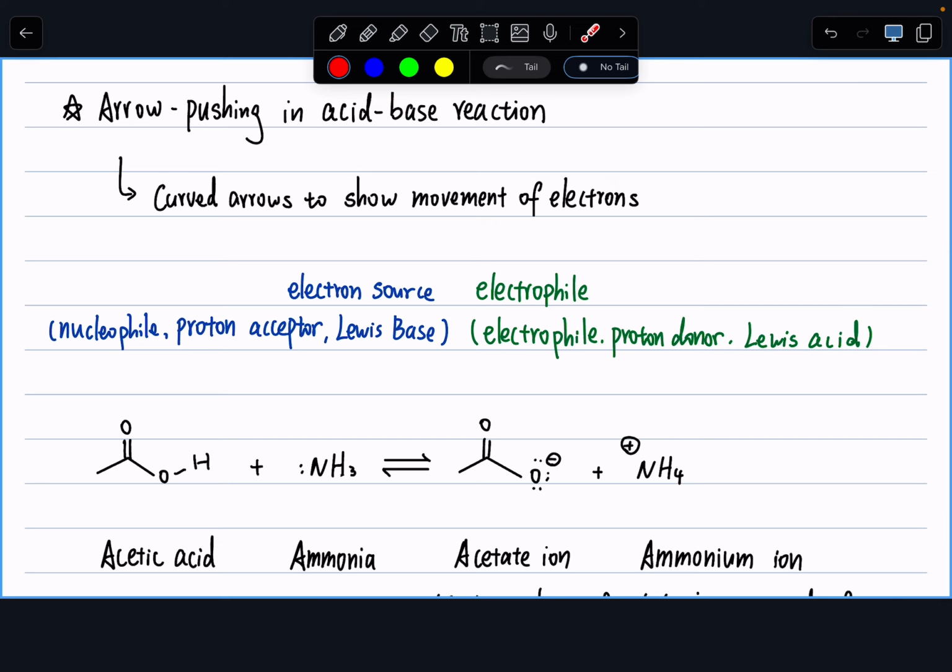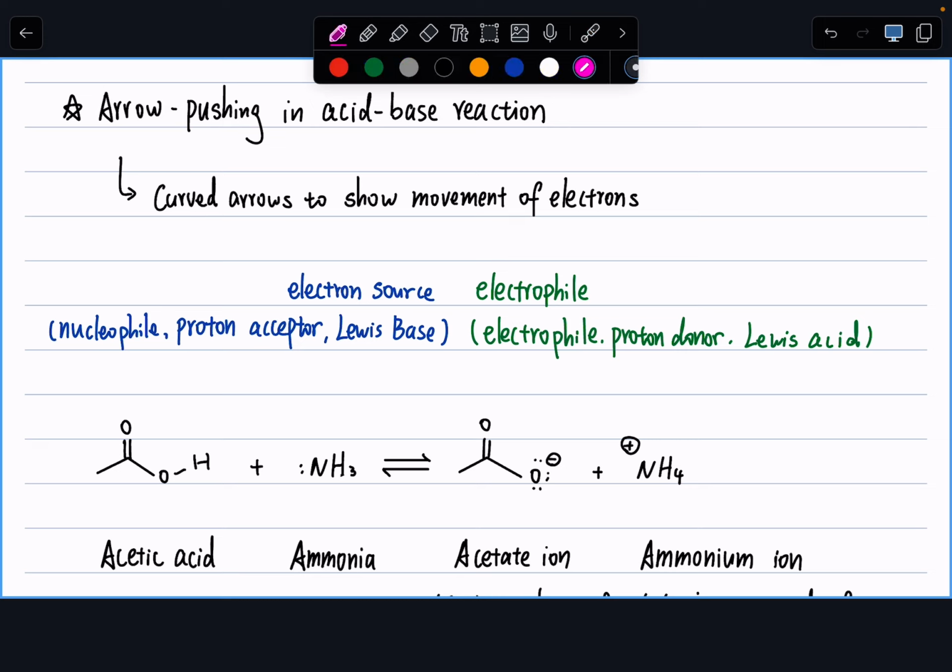So when we say arrow pushing, basically we're using these curved arrows to show movement of electrons. When doing the arrow pushing, we're always pushing from the electron source to the electron acceptor, so from nucleophile to electrophile, right?